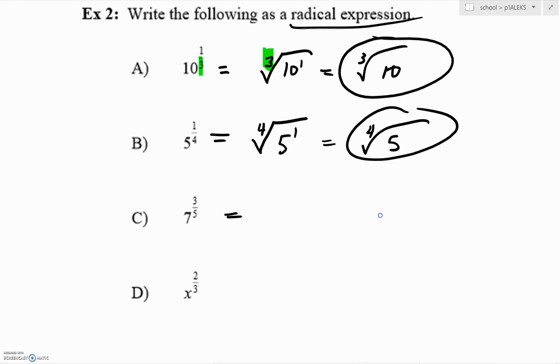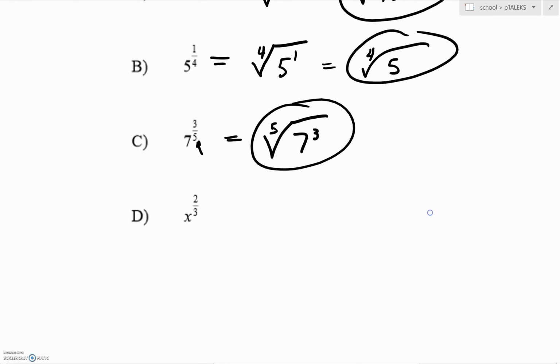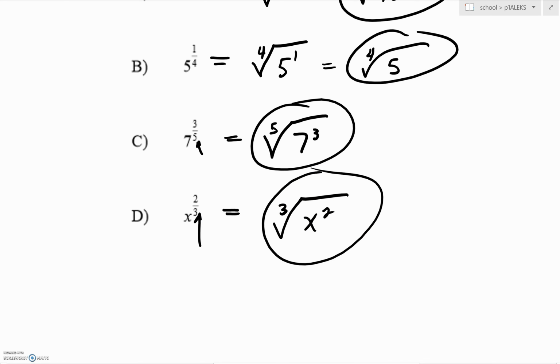This thing right here, a denominator of 5, tells you that's a 5th root. The 5th root of 7 to the 3rd. And finally, right here, we have the 3rd root, that's your denominator, of x squared. These problems you can do very quickly.